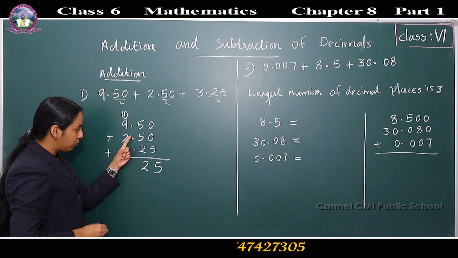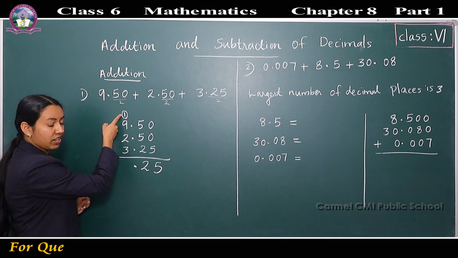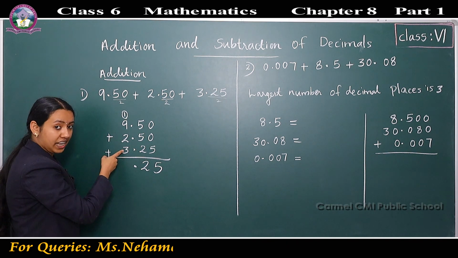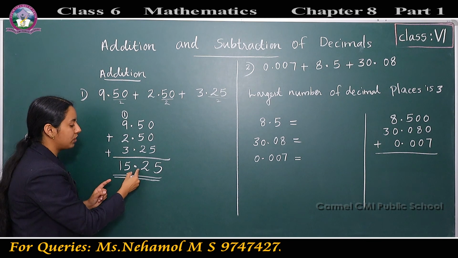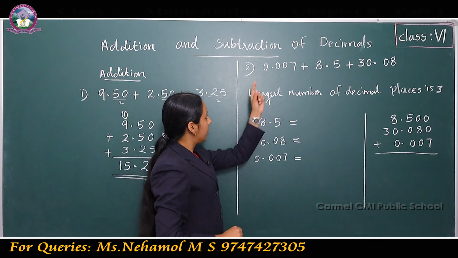We have to put the decimal point. Then 9 plus 1, 10. 10 plus 2, 12. 12 plus 3, 15. So 15.25 is the answer.